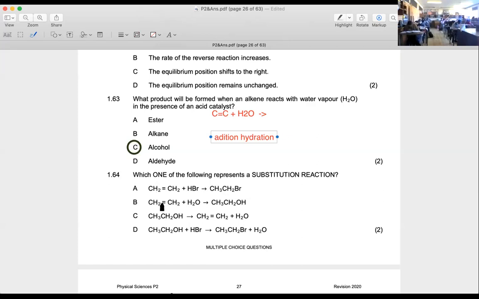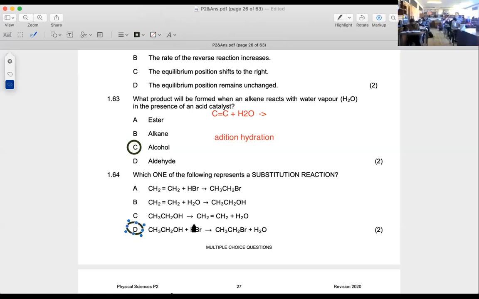Okay, the first thing I know, I can eliminate A and B because they've got double bonds. I can eliminate C because it's got a double bond. And here I go to this one. It starts with single bonds, ends with single bonds. I don't even have to stress my brain. It must be B.